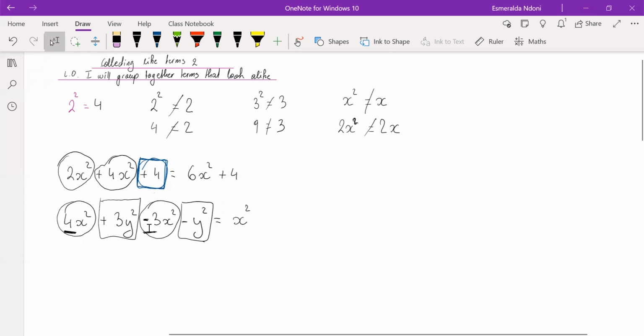So I have 3 take away 1, which would leave us with positive 2y squared. And that's it. I have finished. I have collected like terms on questions when I have x squared and y squared. Please pause the video and copy down the last example that I just did.